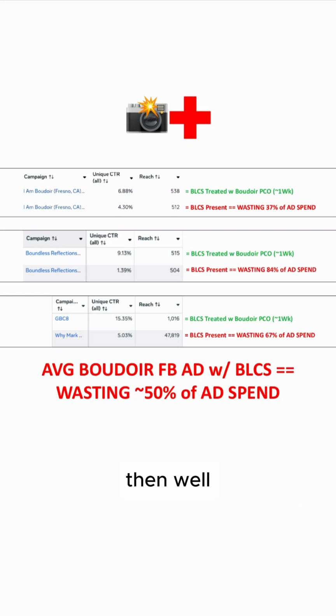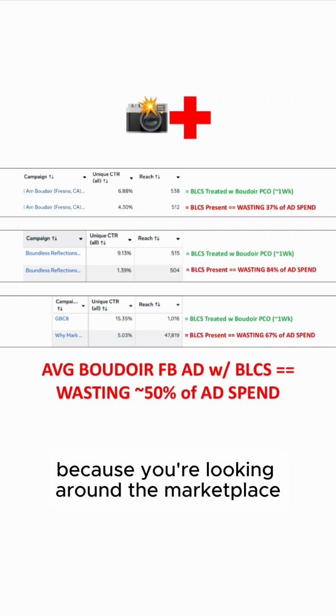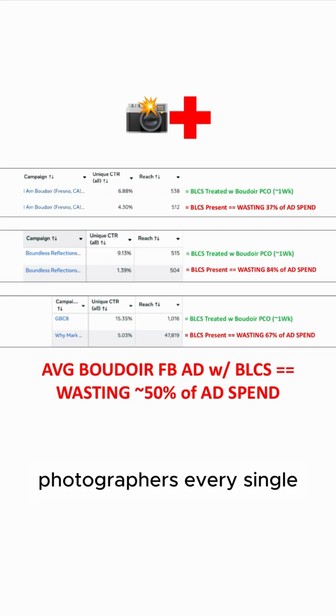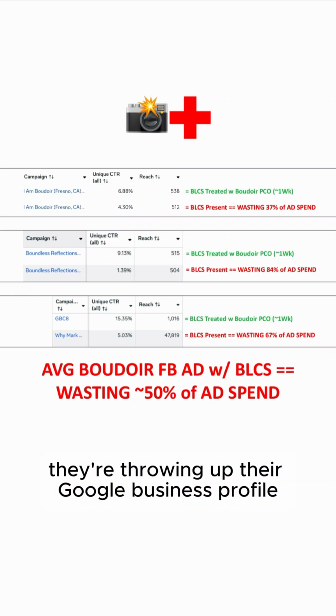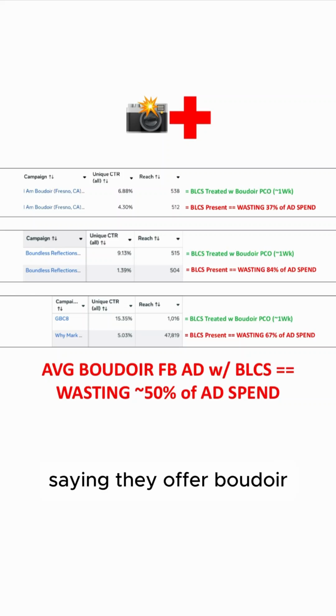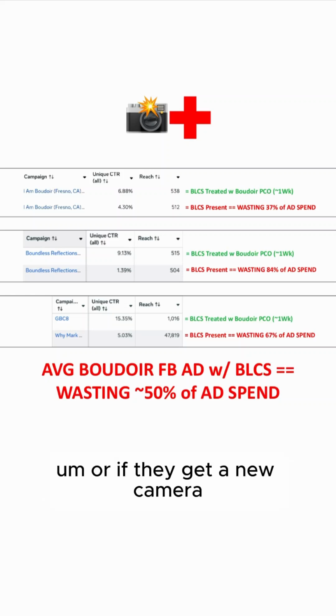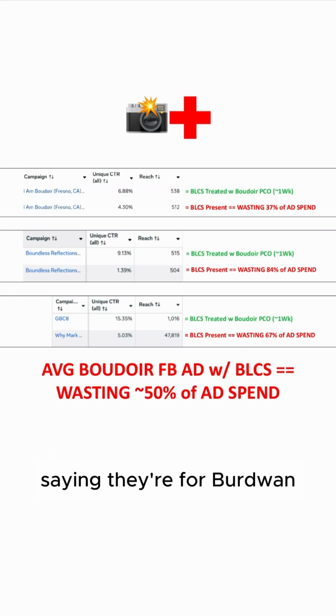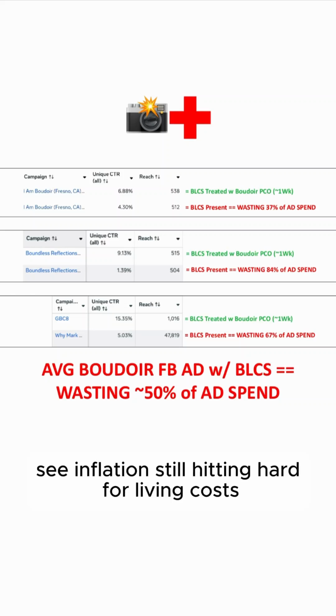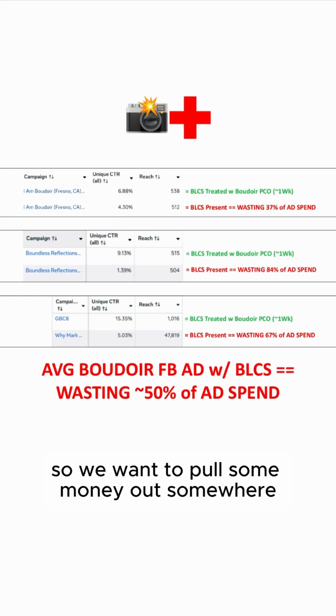Then, well, because you're looking around the marketplace, it's getting more and more saturated with boudoir photographers every single day. Seems like someone gets a new iPhone, they're throwing up their Google business profile saying they offer boudoir, or if they get a new camera, got new posts in the Facebook mom groups saying they offer boudoir, and we're seeing inflation still hitting hard for living costs, so we want to pull some money out somewhere.